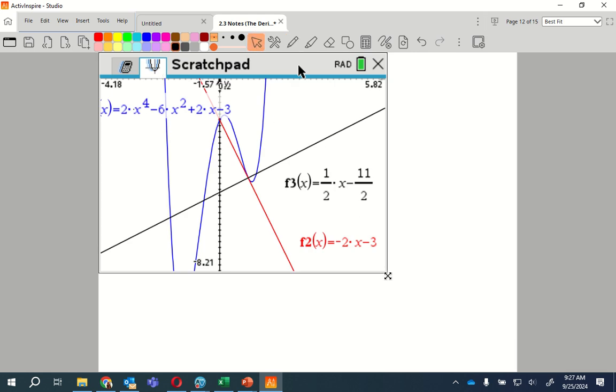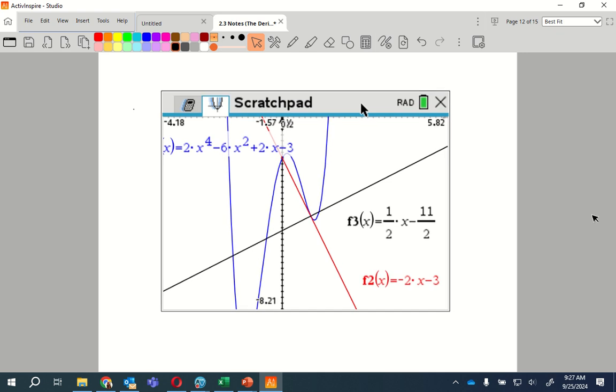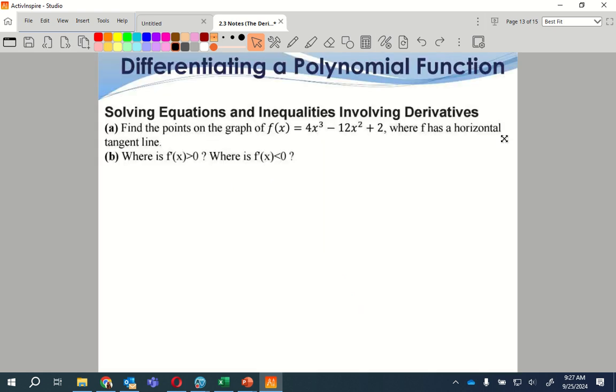So we could show what the graph is. We have the function, we have the tangent in red, and we have the normal in black. So, that being said, before we get on to this question here, we're just going to stop right here and work on some homework.